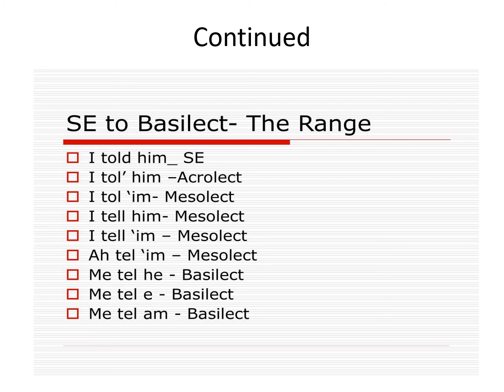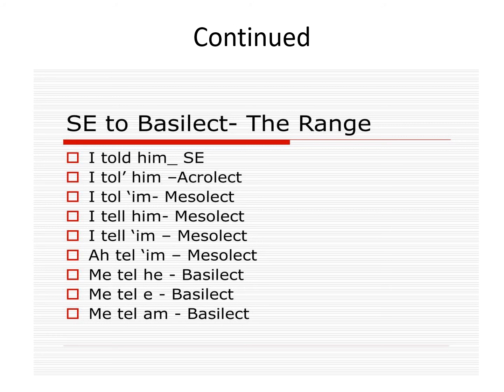And move towards the basilect. "Me tell he." Here again, you can see the communication is done, but with very little clarity, and it is not understandable very easily. So these are "me tell am" or "me tell he." These are the basilect varieties, and we can say this is a problematic variety.